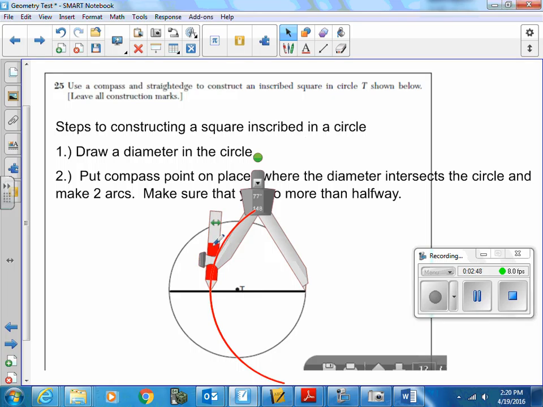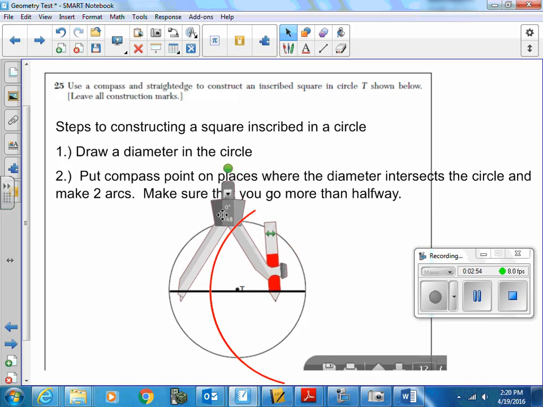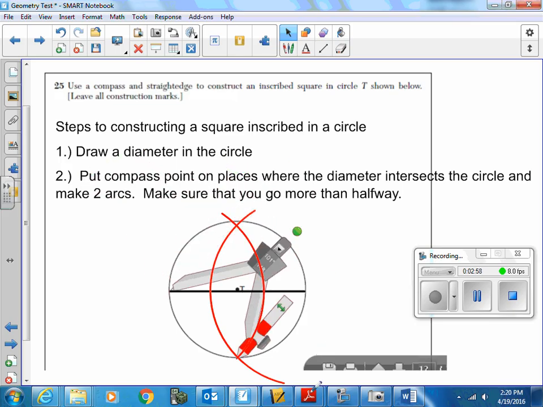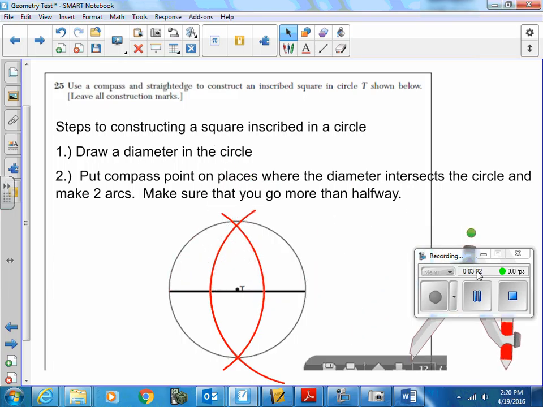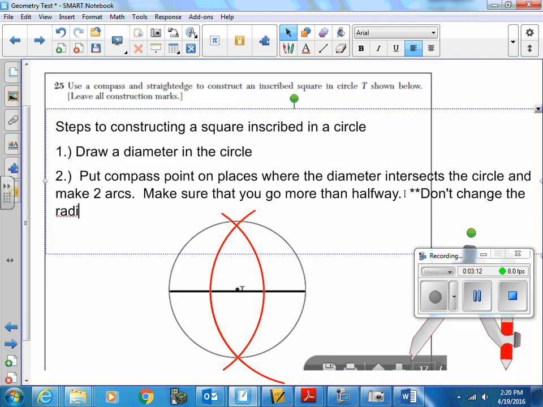Now you want to make sure your compass is the same. Don't change the radius of the compass. All right, I'm going to make another arc here. And I'm going to make that note: don't change the radius of the compass.